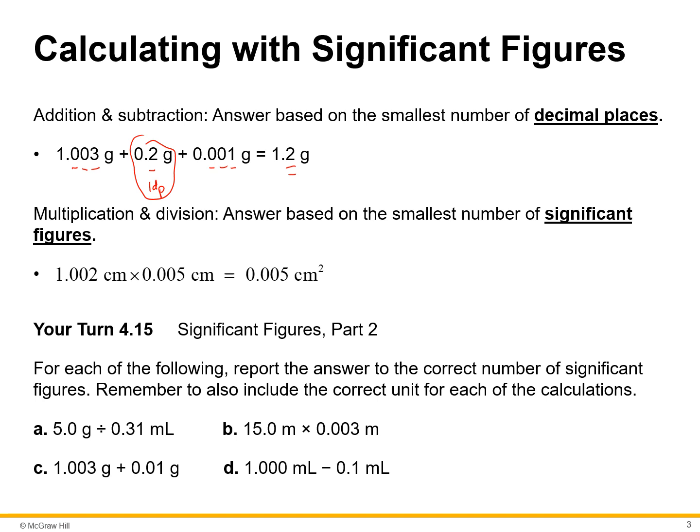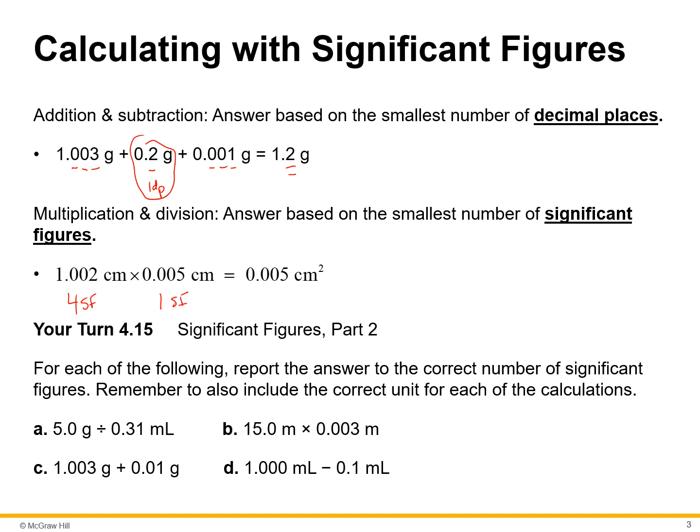A different rule applies for multiplying and dividing: it's based on the number of significant figures, the least number. In this case, we have 4 sig figs and 1 sig fig, and before even doing the calculation, you know the answer will have 1 sig fig.